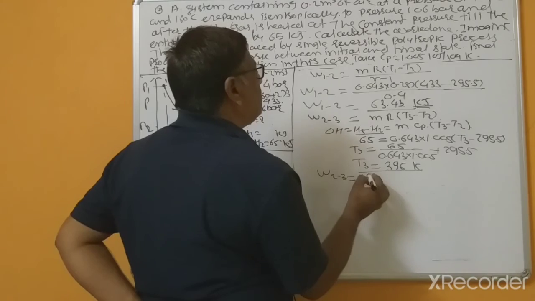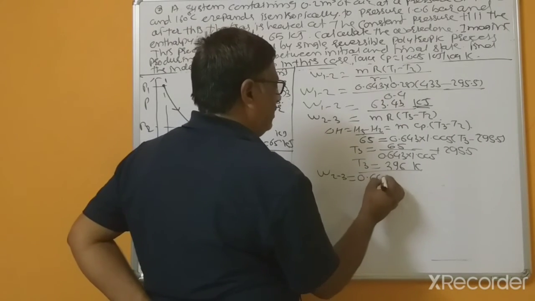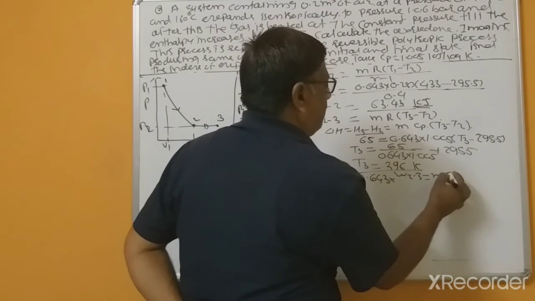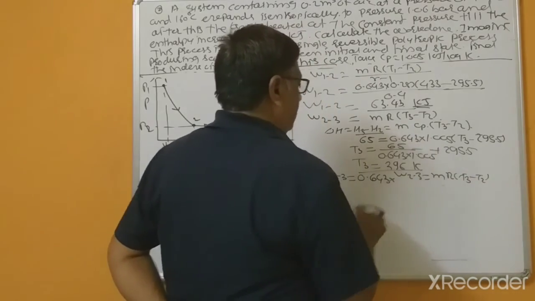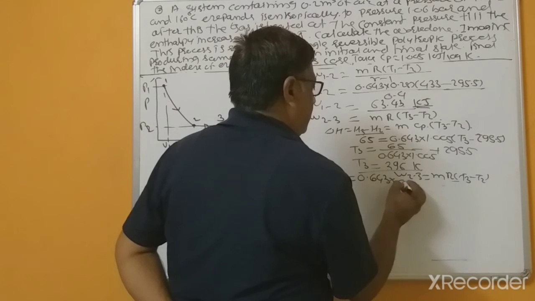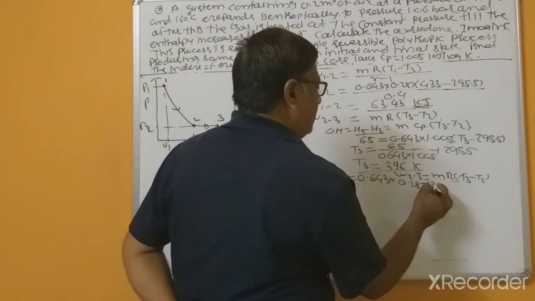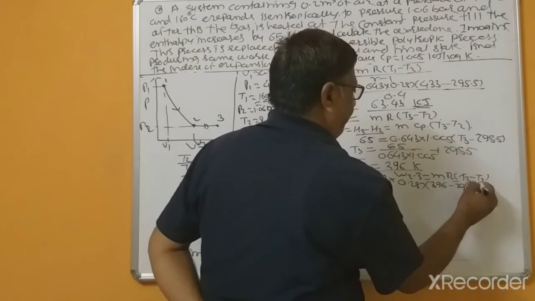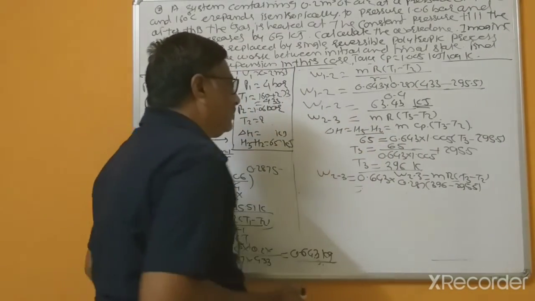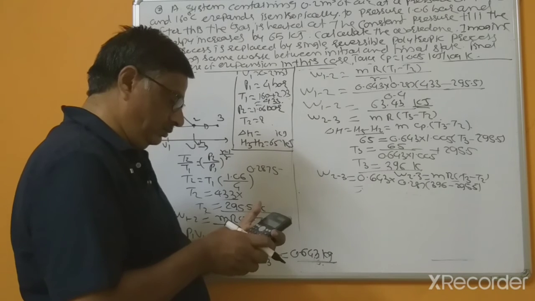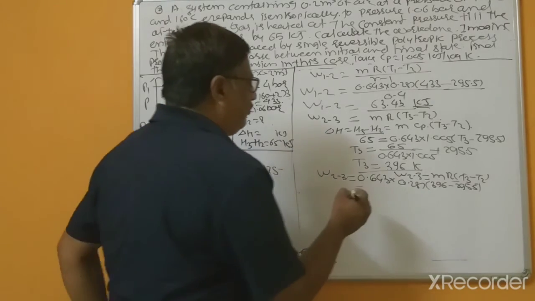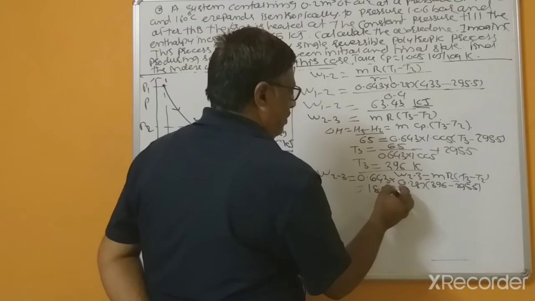So we can calculate W23 using this formula: W23 equal to mR (T3 minus T2), with m equal to 0.643, R equal to 0.287, T3 396, T2 295.5. This is 18.56 kilojoule.